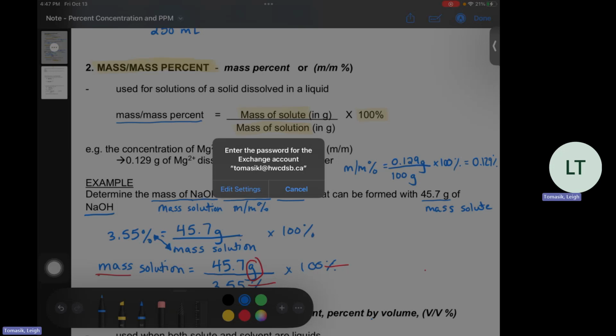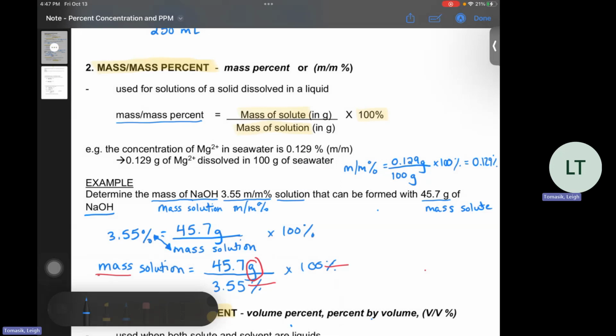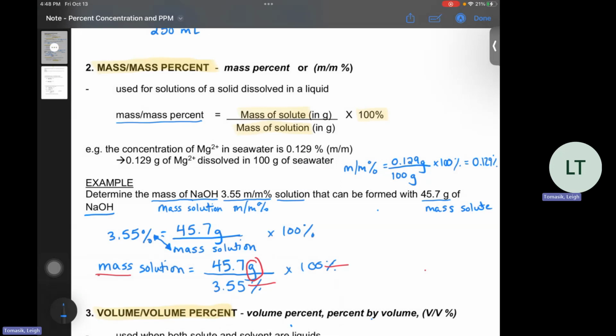So I will get a mass that is 1,287.32 grams.